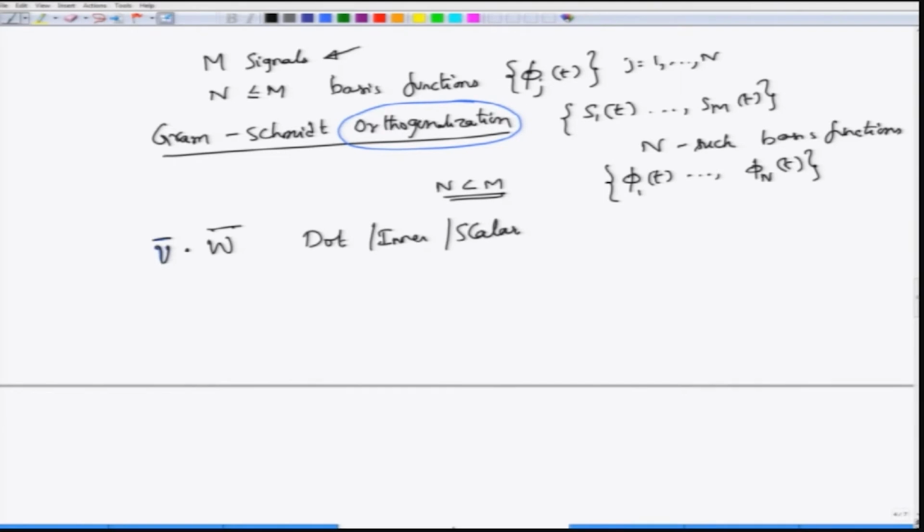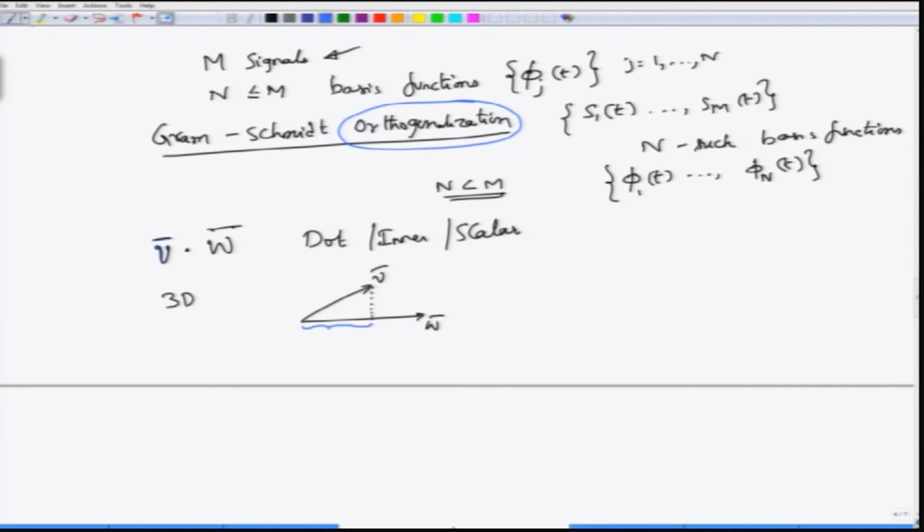We denote this dot product, or inner product, or scalar product, by v dot w. For a 3-dimensional Cartesian coordinate space, we are familiar with the physical interpretation of this, right. I take the vector w and then I have the vector v. The dot product basically gives me the length of v along w, right.